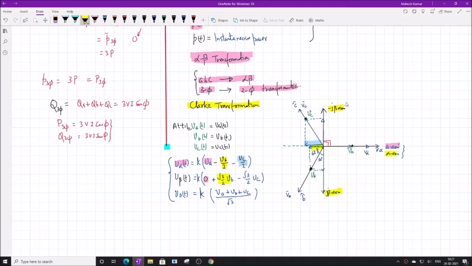On the other hand, for the negative beta axis, the component of VC along the vertical axis is VC cos 30, and it becomes minus root 3 by 2 into VC.